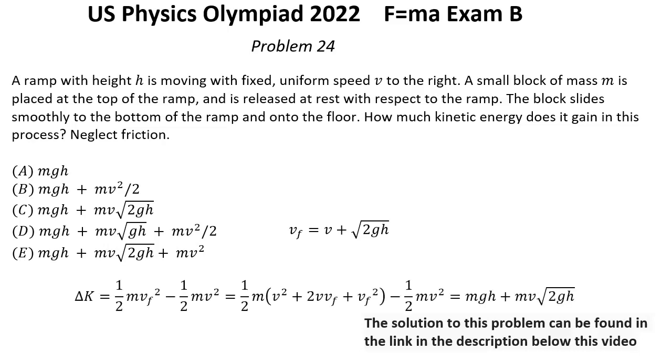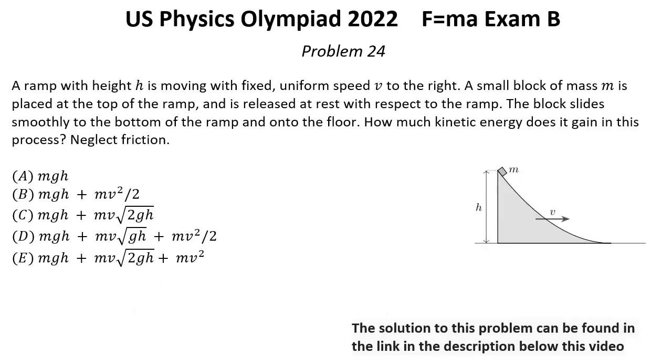That will be delta K equals 1/2 m v final squared minus 1/2 m v initial squared, which after calculations is mgh plus mv multiplied by square root of 2gh. This is answer C, and that was the correct solution for problem number 24.